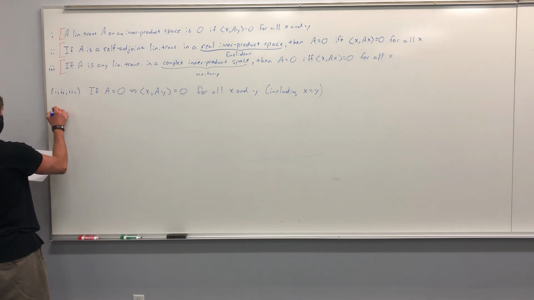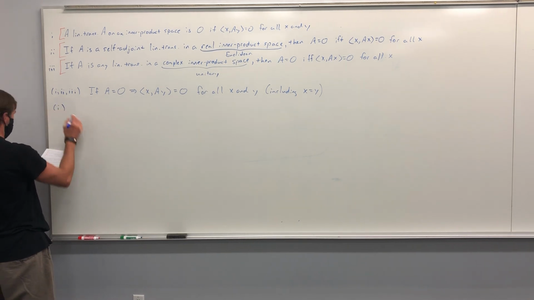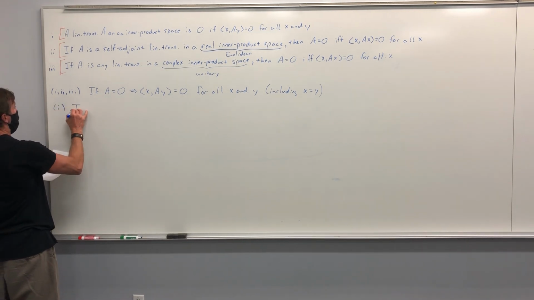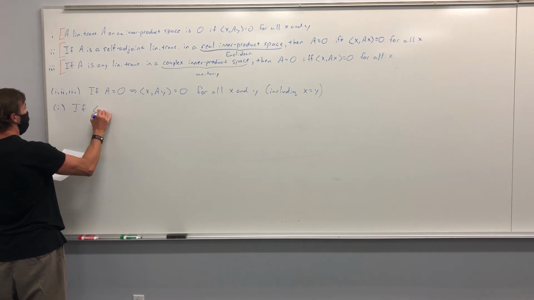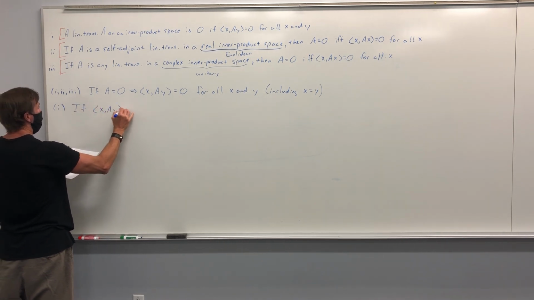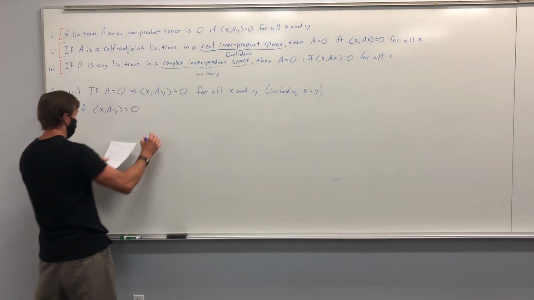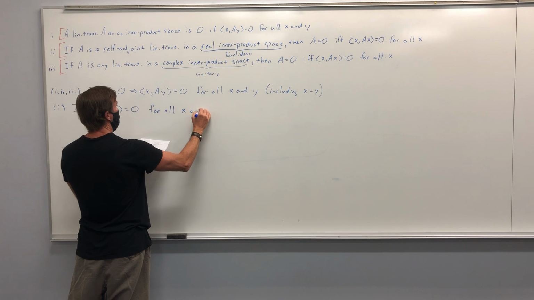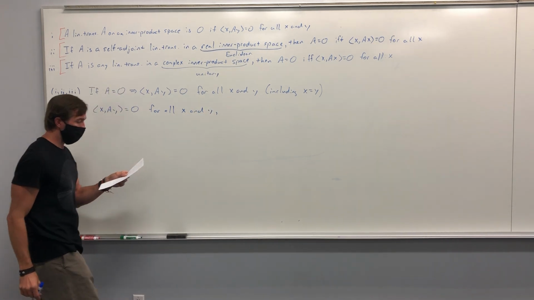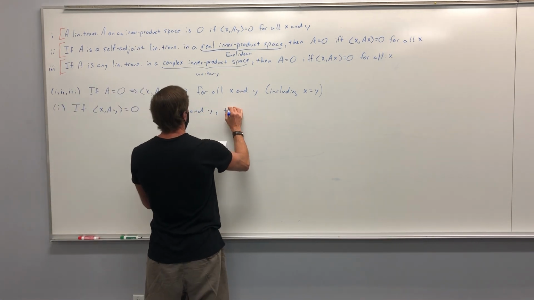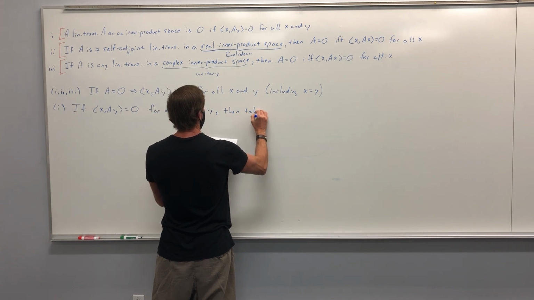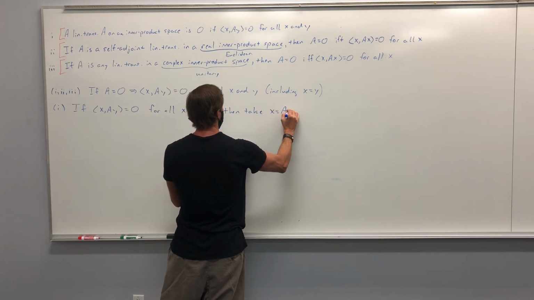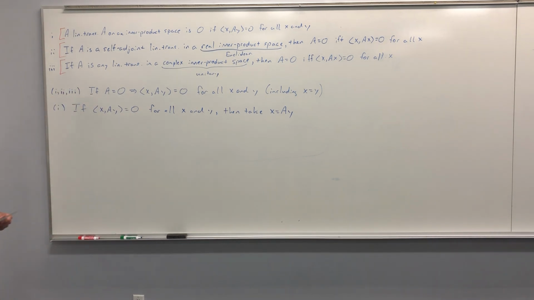Now, to prove the sufficiency, let's start with case 1. And here's our argument. If <x, Ay> equals 0 for all x and y, then we can take x to be Ay.